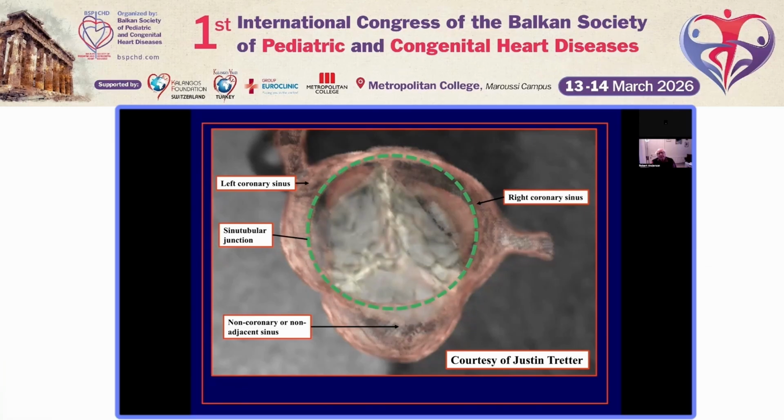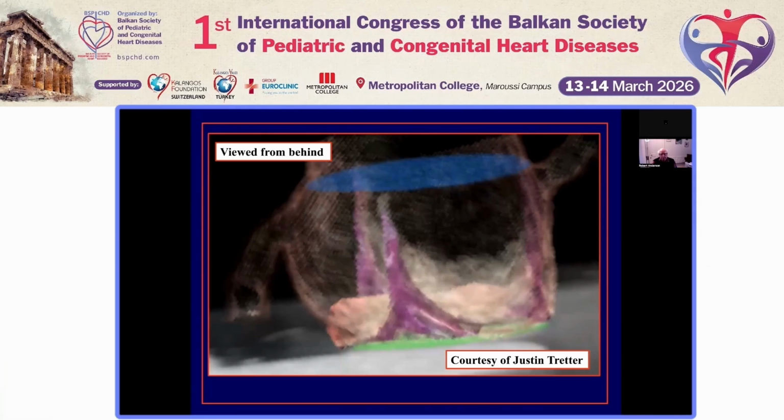But look at the virtual basal ring. It is far less circular. It is oval. And now when we compare the dimensions of the virtual basal ring and sinutubular junction, we can see the location of those myocardial components that form the basis of the two sinuses that give rise to the coronary arteries. And this is a particularly important point.